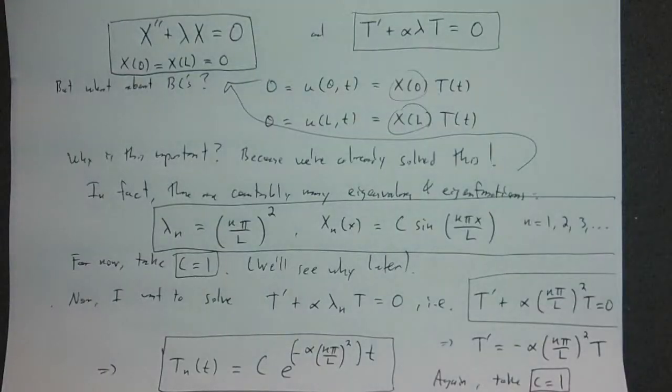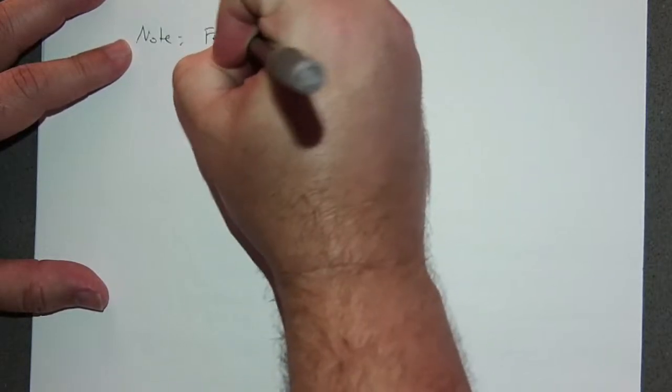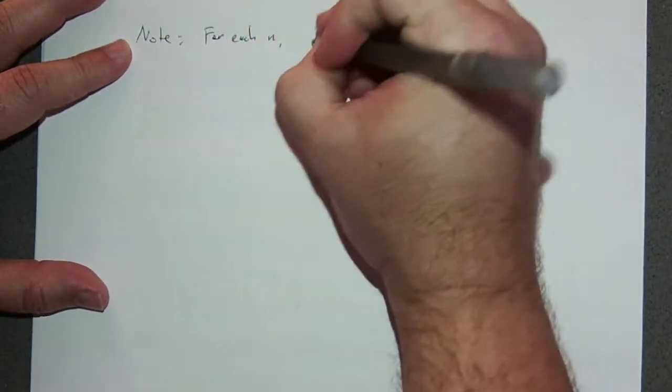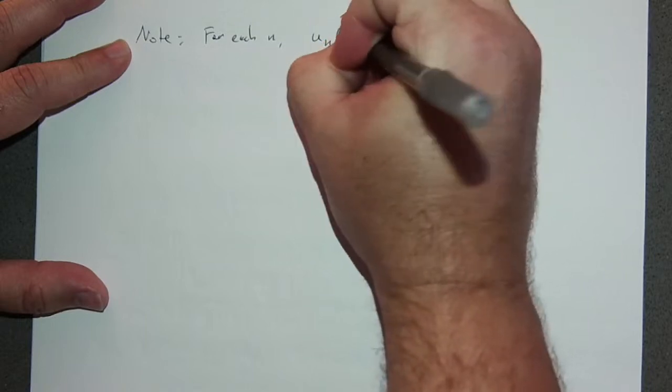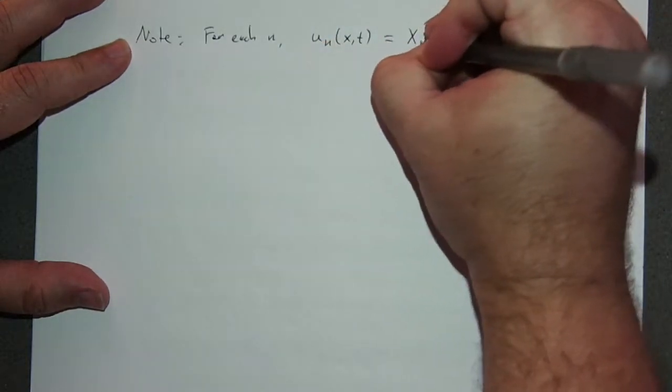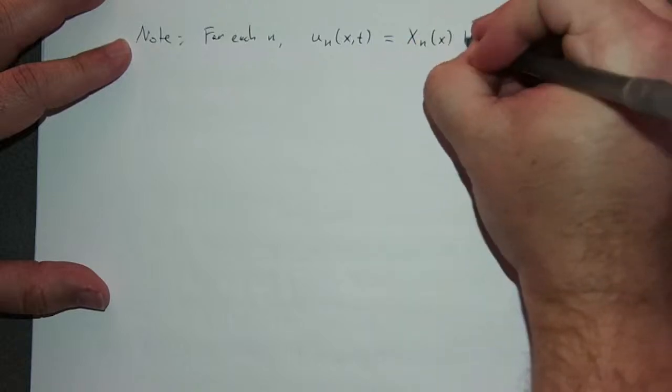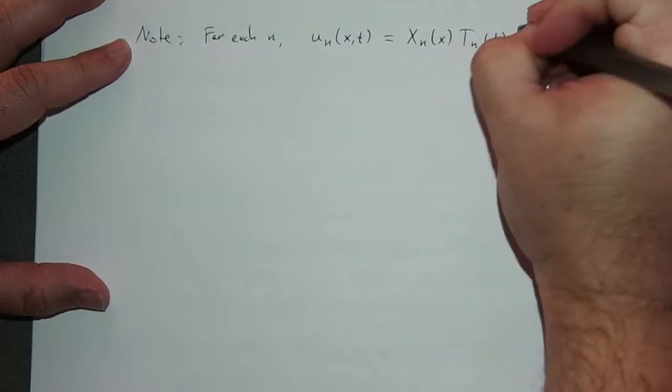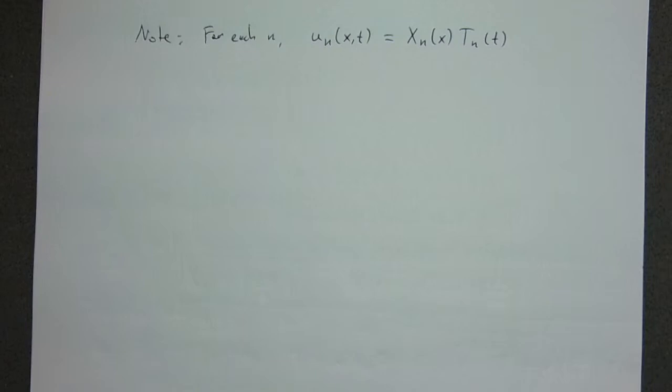So then we note that for each n, u sub n of x,t defined by x sub n of x and t sub n of t solves the PDE plus boundary conditions.